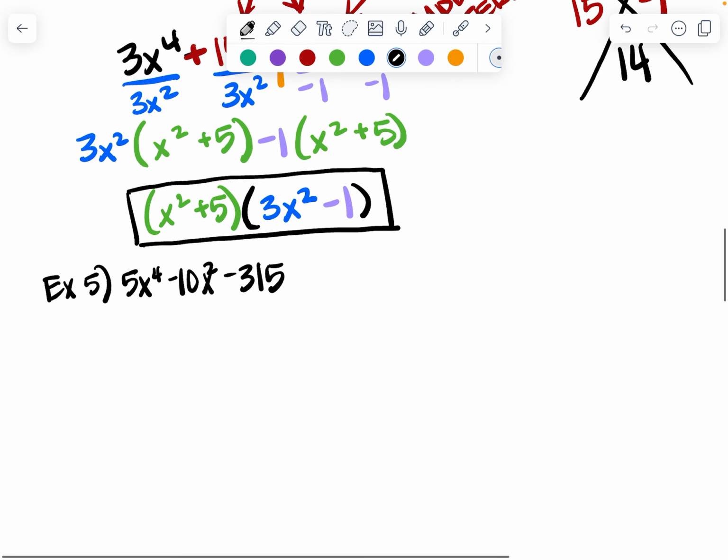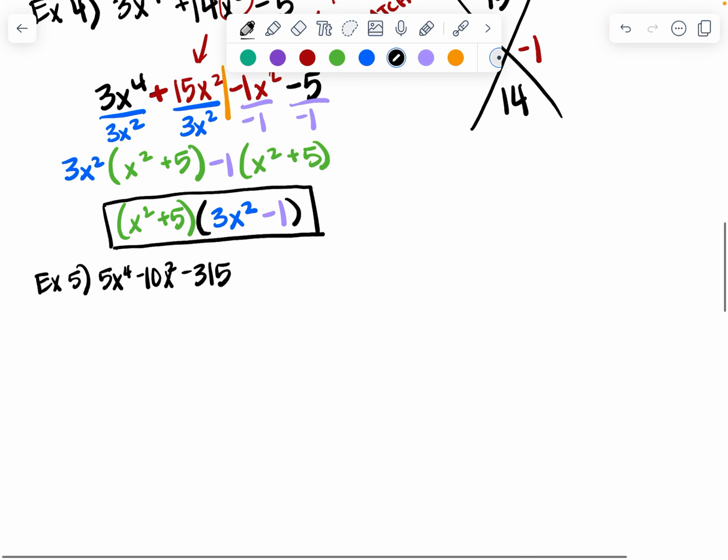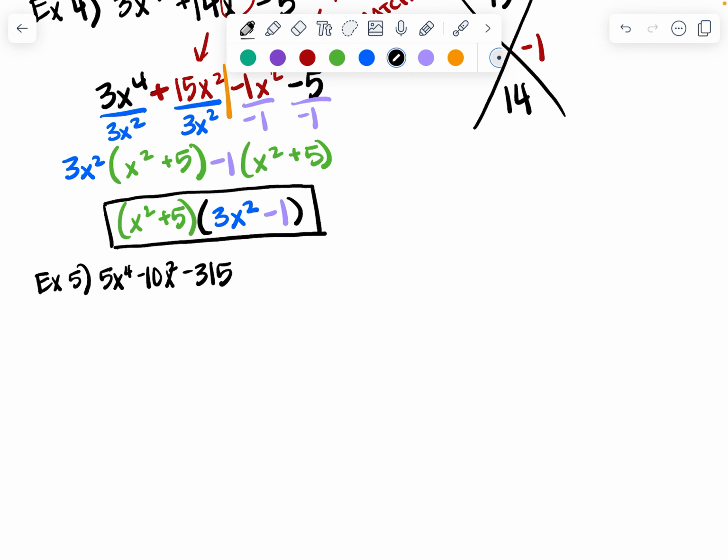Now these numbers are kind of big, especially that 315. So that's one hint that you're going to have a greatest common factor that you need to factor out from all the terms. So always try the smallest one to begin with. We can factor out 5.